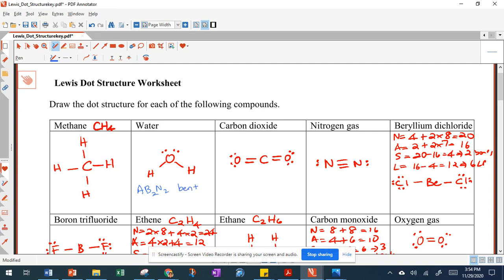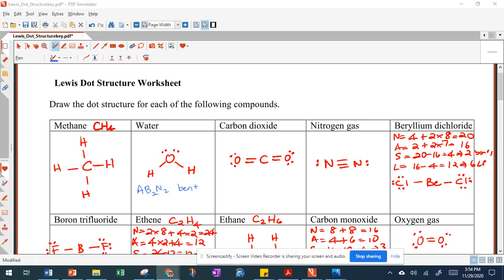But if we look at the number of regions, we have 2 bonding and 2 non-bonding regions, so we have 4 regions that we're using. The hybrid orbital that will allow us to have 4 regions is sp3. Remember, 1 single s and 3 p's add up to 4. So remember, the total number of regions has to add up to the total number of hybrid orbitals that we have.